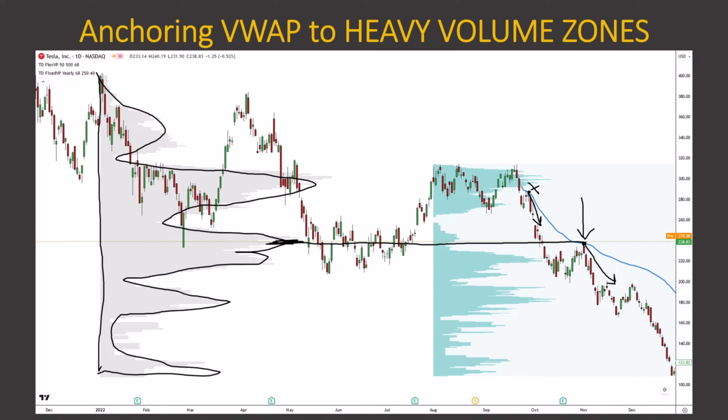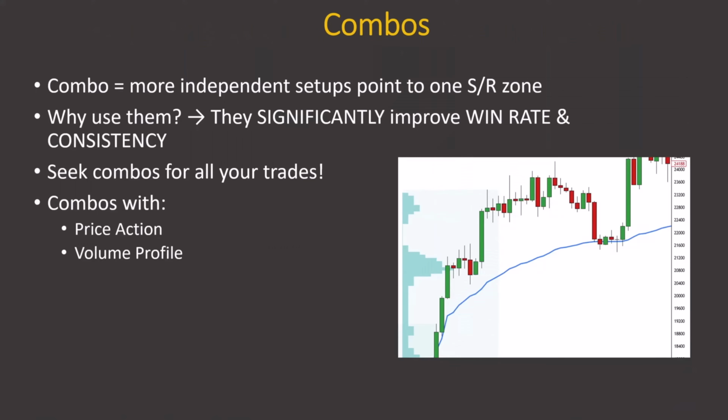It aligns with our VWAP, and that massively adds strength to that short trade signal, because it's not only based on the VWAP, but also it is based on very, very significant heavy volume zone from the yearly volume profile. Which brings us to the next topic, which is combos or confluences with other trading strategies.